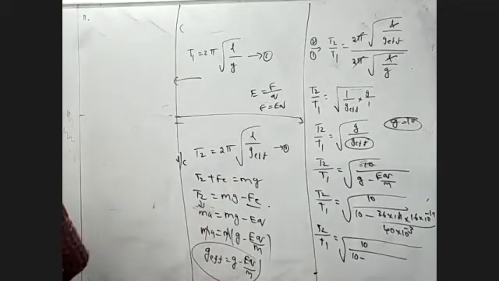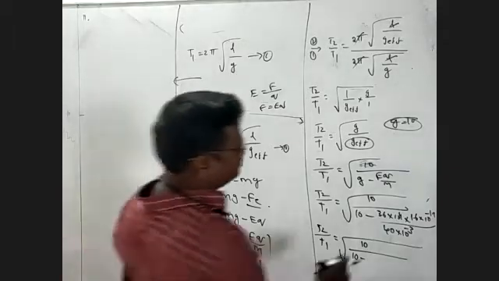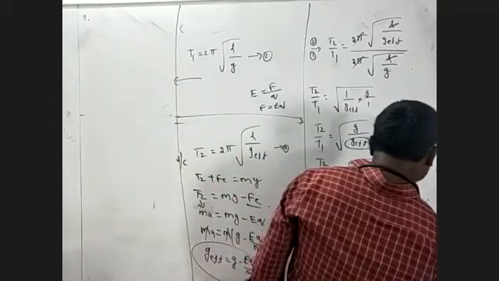Charge is given. So what is the charge? 4 into 10 power of minus 6. Charge Q is 4 into 10 power of minus 6.